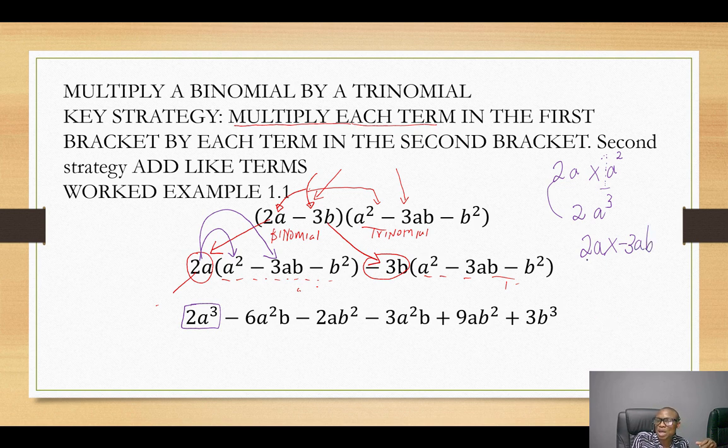You know that 2 times negative 3 is a negative 6. A positive number times a negative number is a negative. A times a is a squared. You have this b. So 2a times negative 3ab is a negative 6a squared b, which is this one.